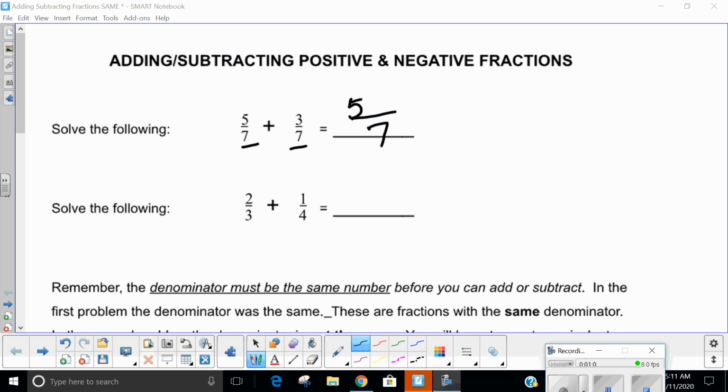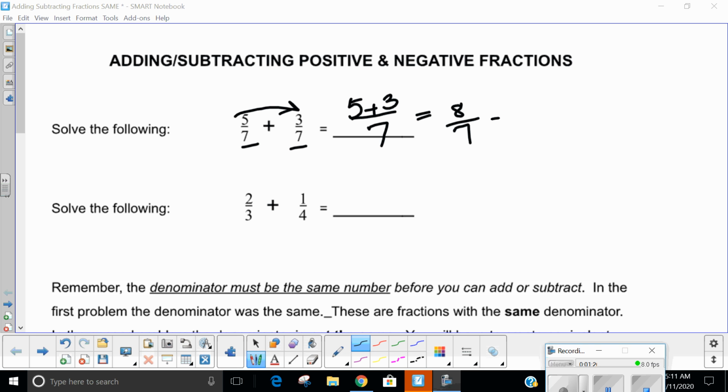So we're going to say 5 plus 3, and that's going to be equal to 8/7. Okay, and since our denominator is the same, all we did was add our two numerators together, and we kept that as the answer for the numerator in our final solution.